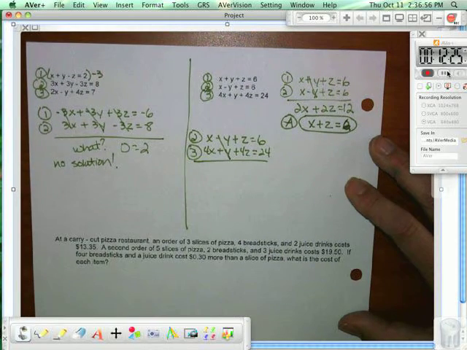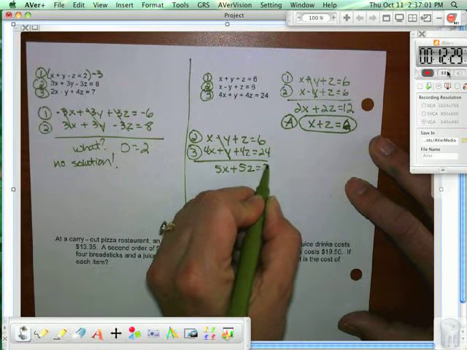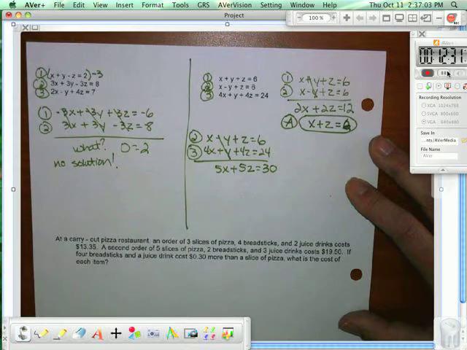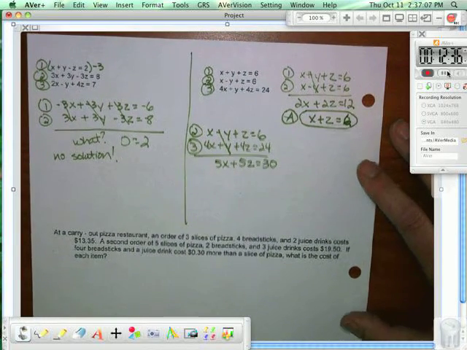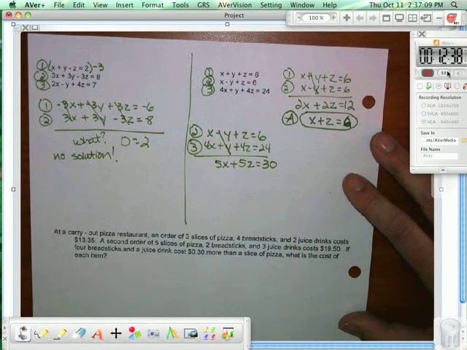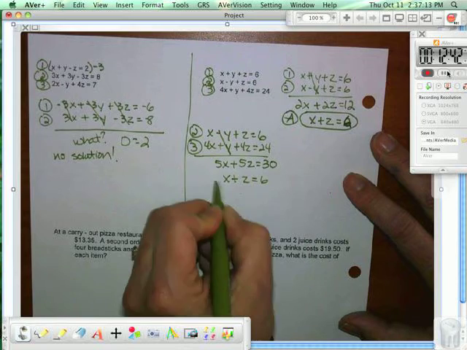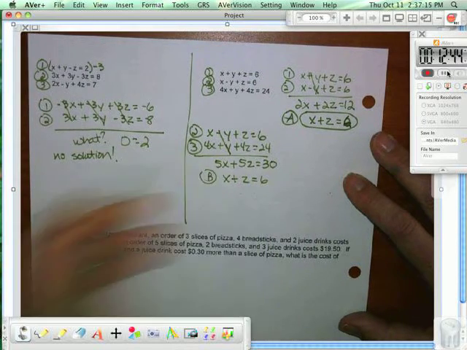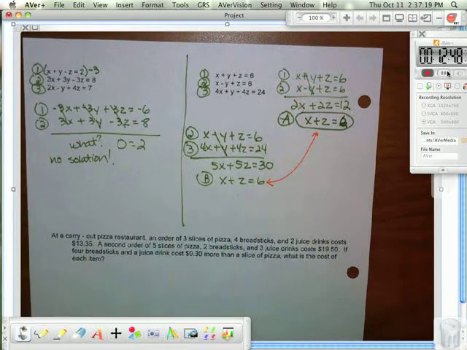I have 5x plus 5z equals 30. Would you look at that? Can I simplify that? Yeah, divide by 5. And look at this. They're the same equation. Isn't that nifty?